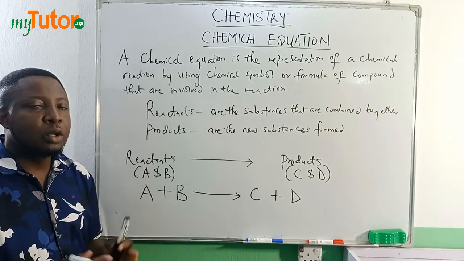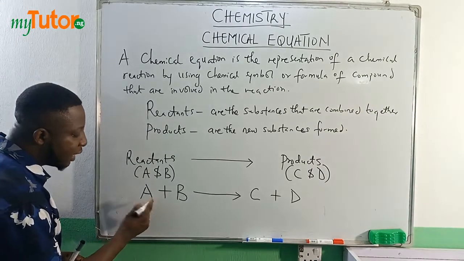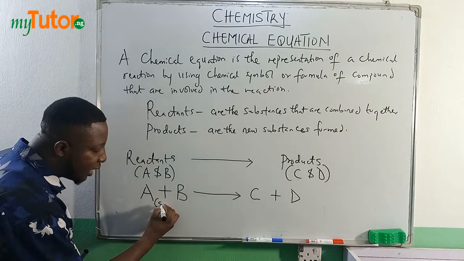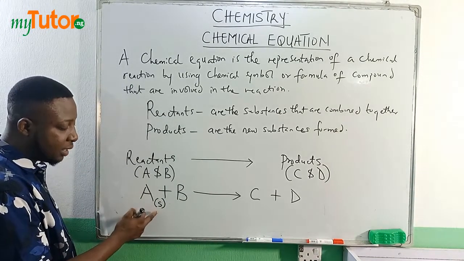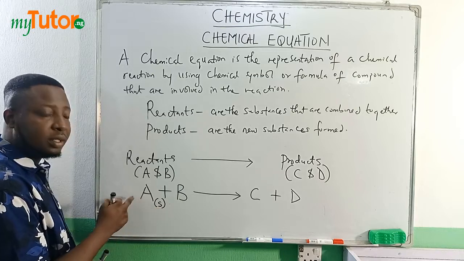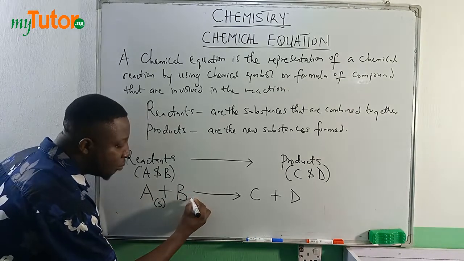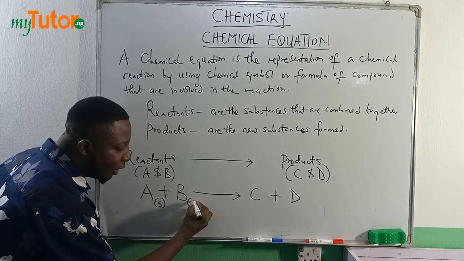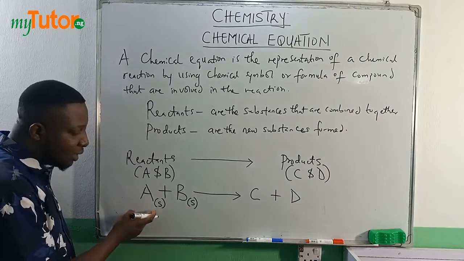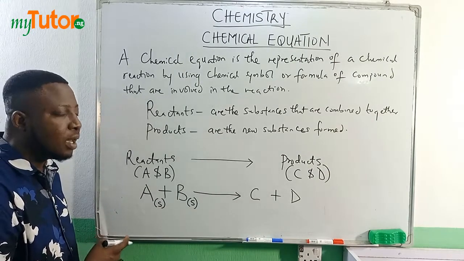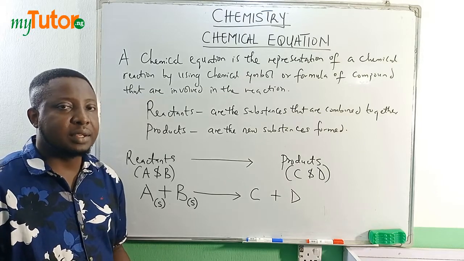So if we say that our reactants are solid, then for reactant A, which is a solid, we indicate it by writing S below the A as a subscript. The S indicates that the reactant A is a solid, and maybe our reactant B is also a solid. So we have been able to indicate the nature of the reactants. Our products may be a liquid and a gas.